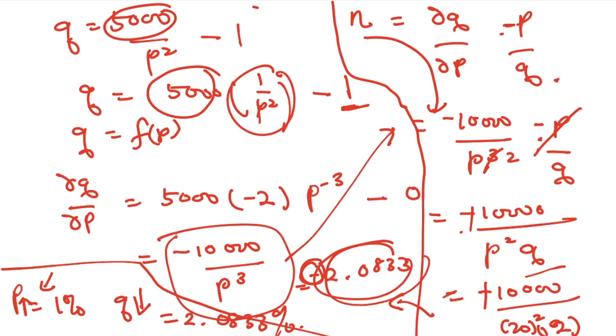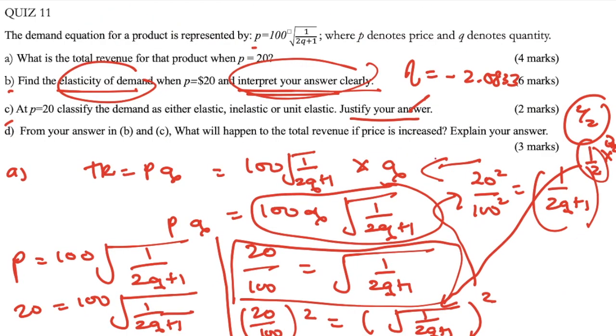When I see the sign, I know the relationship is negative. But you can also put this here, so it becomes minus, minus, positive, positive. Now we want to decide whether it's elastic or inelastic. Because I put minus just now, it becomes positive. When it is positive, we just look at the value, regardless of whether you have a minus sign or not.